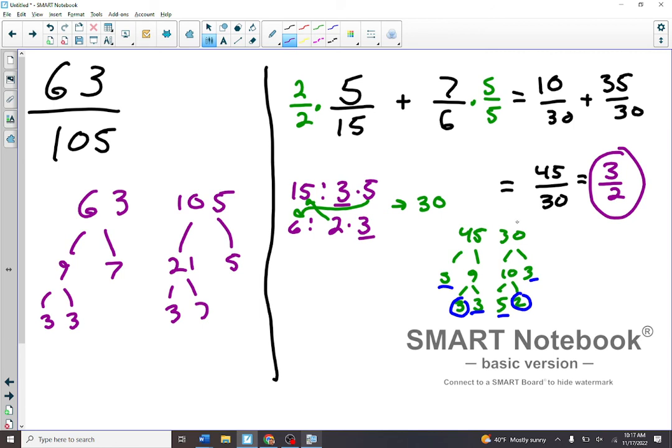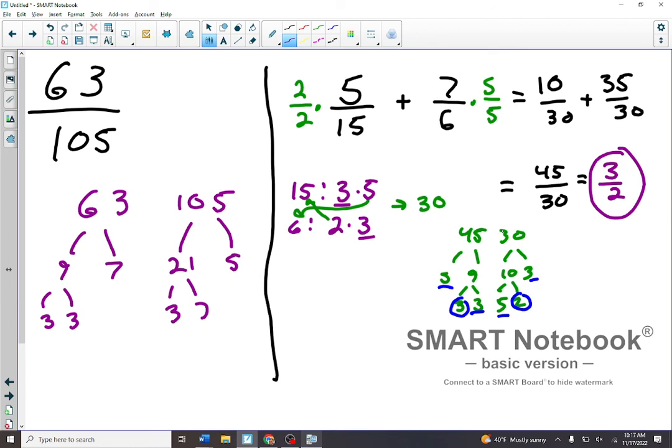The 45 has the 3 left over, so where 45 is on the top, 3 will be on top. And the 2 is what's left over on the 30. We're reducing, right? So we're taking out the 15, or the 5 and 3. So what's left over if we take out a 5 and a 3, there's only a 3 left over. So the 3 on top and the 2 on bottom.